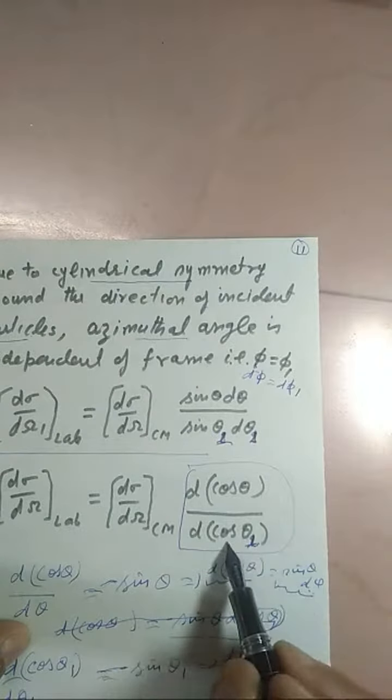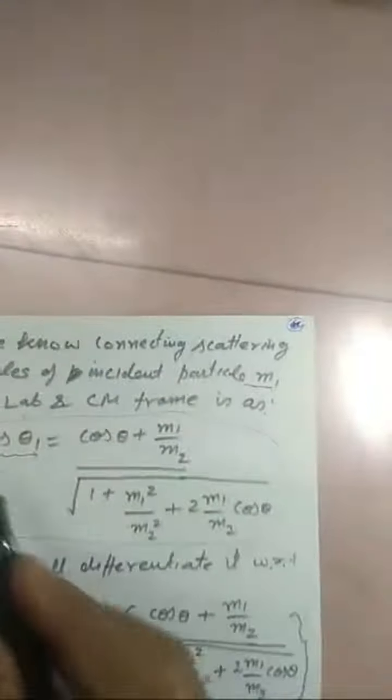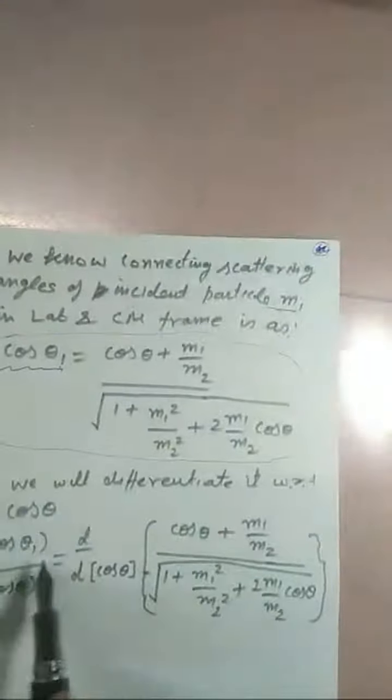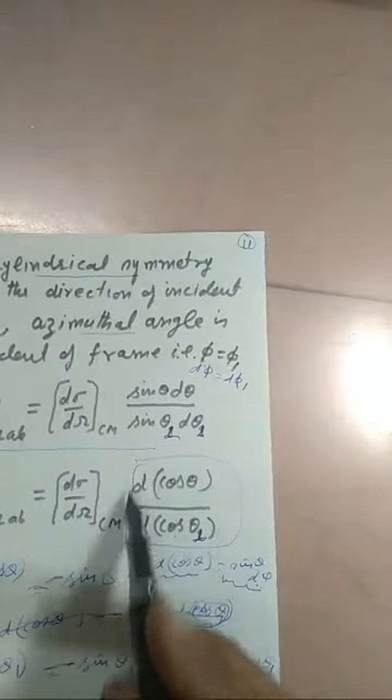We know the cos theta 1 relation, that is given by this. So we rewrite it in the reciprocal manner, d cos theta 1. We have to find this parameter.